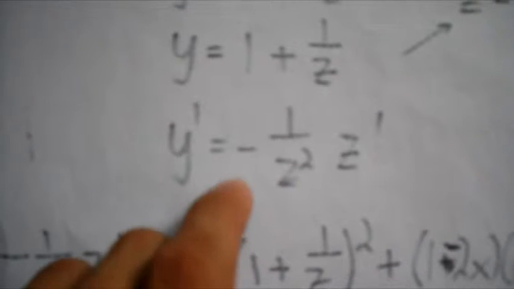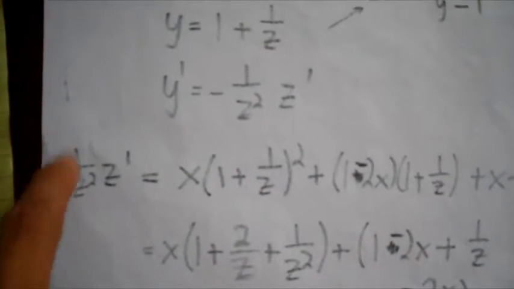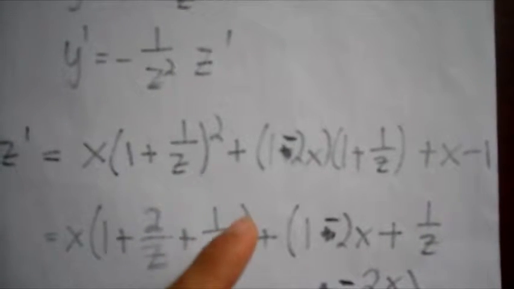Now substituting it into the original equation, we get this equation: negative 1 over z squared z prime is equal to z multiplied by 1 plus 1 over z squared, plus 1 minus 2x multiplied by 1 plus 1 over z, plus x minus 1.